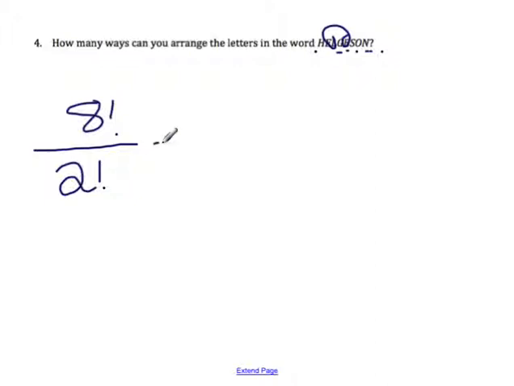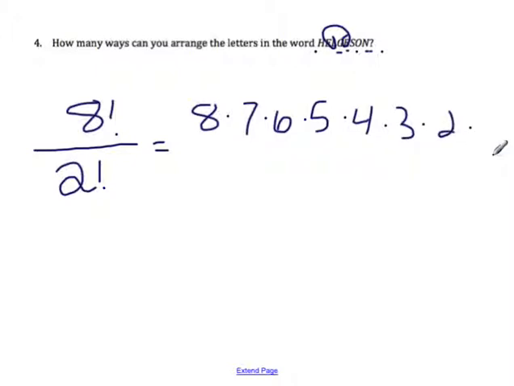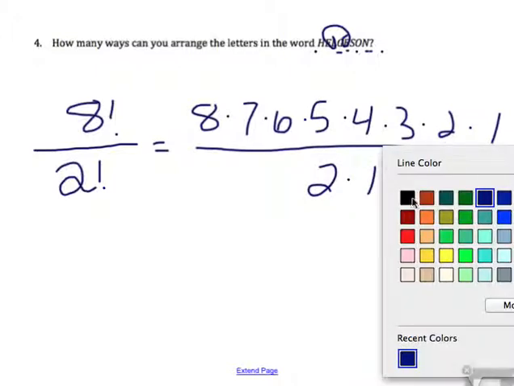Let's go ahead and take a look at that. We have 8 times 7 times 6 times 5 times 4 times 3 times 2 times 1 up top. And then we need to divide by that 2 factorial, which is just 2 times 1. So now I'm going to cross off what's left over.